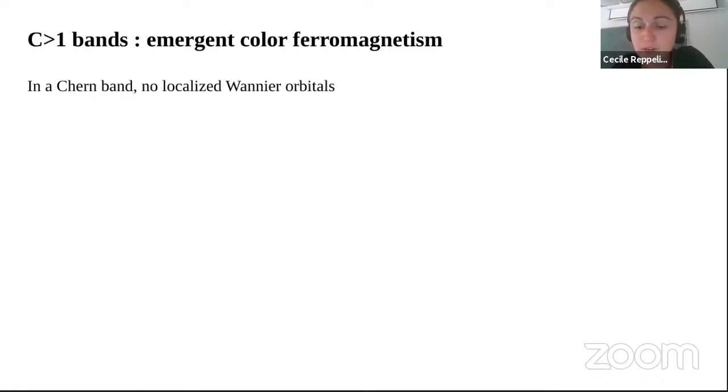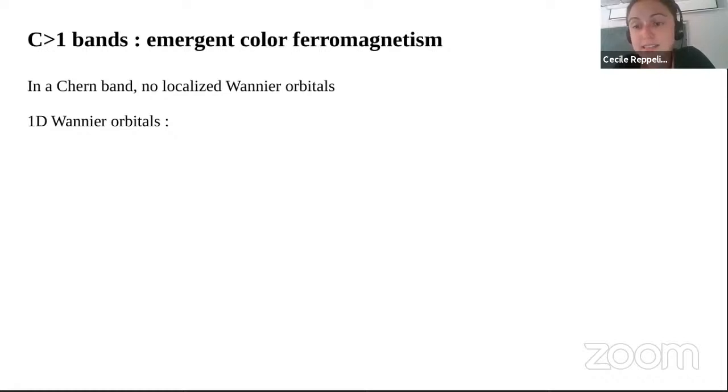As you know, if you have a non-trivial band, a band with a non-zero Chern number, there's no way that you can write down localized Wannier orbitals. So you cannot write down a lattice system exclusively for this band with Wannier orbitals that are localized in both directions. But what you can do is build some 1D Wannier orbitals.